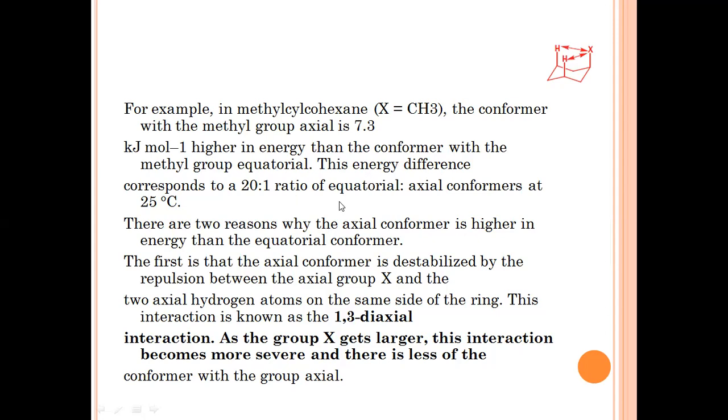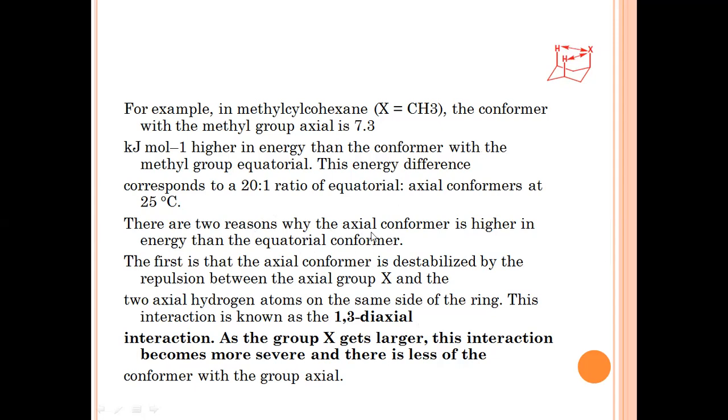So for the axial conformers at 25 degrees centigrade, there are two reasons why the axial conformers are going to have a higher amount of energy than the equatorial positions. Why are these axial substituted cyclohexane molecules going to have a higher amount of energy than the equatorial conformer?